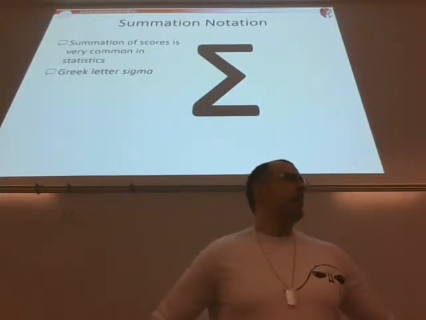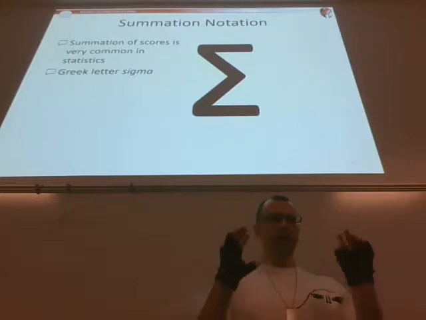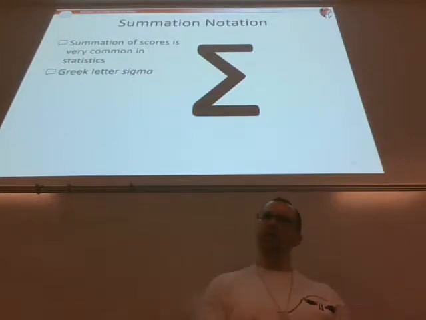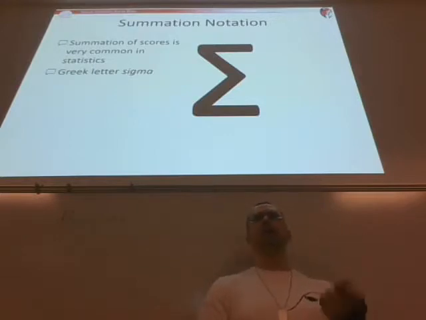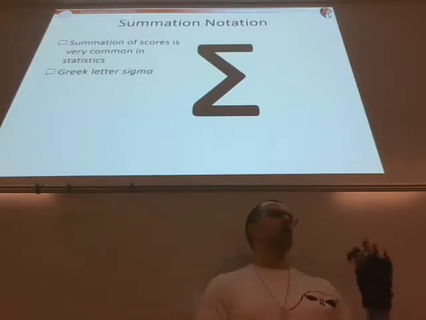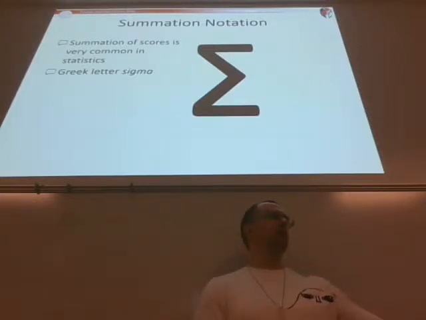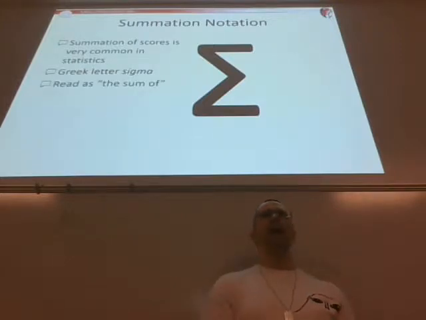The other thing that I want you to do, and again, this is part of getting that practice in, when you read your textbooks, when you read your chapters, when you read your homework, and you see these symbols, do not read them as the symbol. So when you see this, do not read it as sigma. Get into the habit of reading it as the sum of.